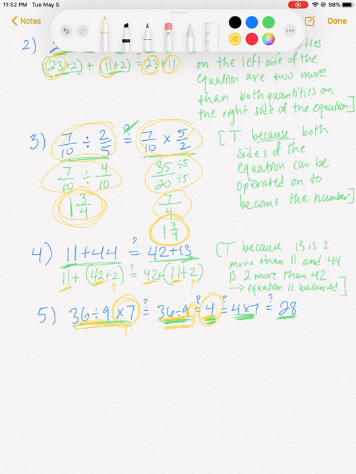This 4 is equal to this whole thing here. Okay, so I'm violating the equal sign from this part of the equation and this part of the equation. 4 is also not equal to 4 times 7, but 4 times 7 is equal to 28. Okay, so we have those there.